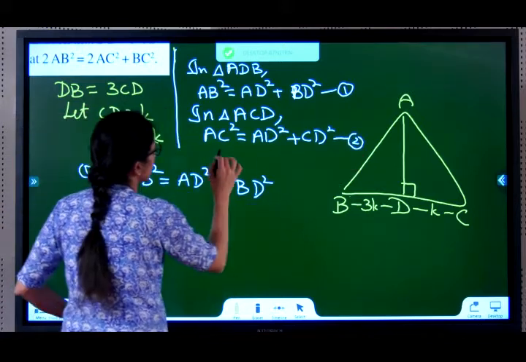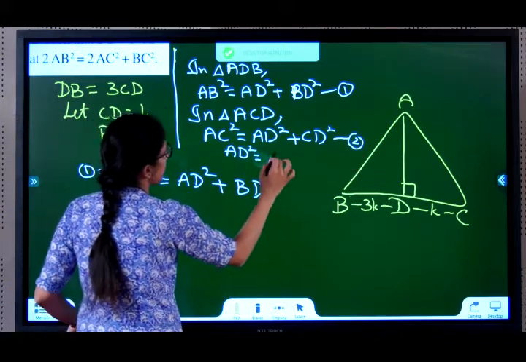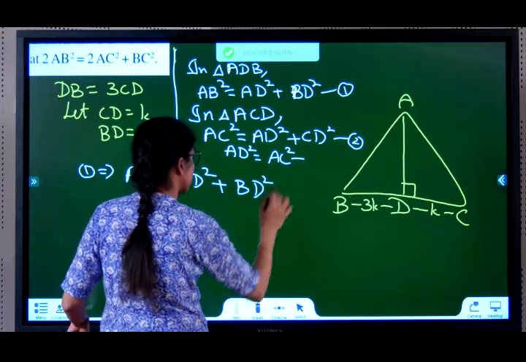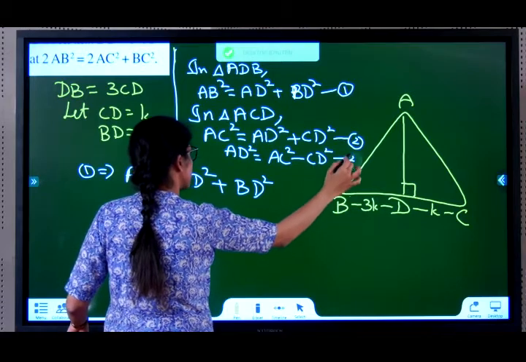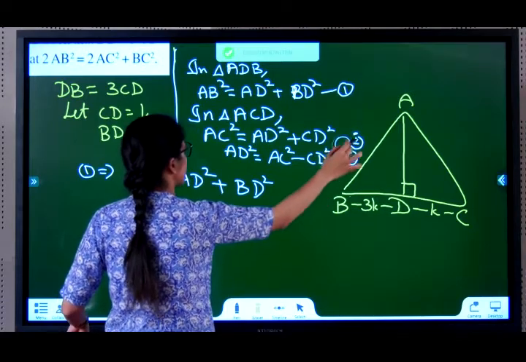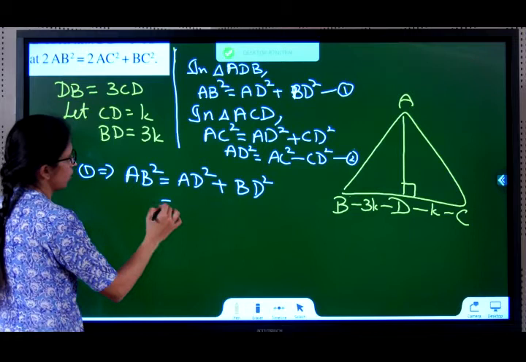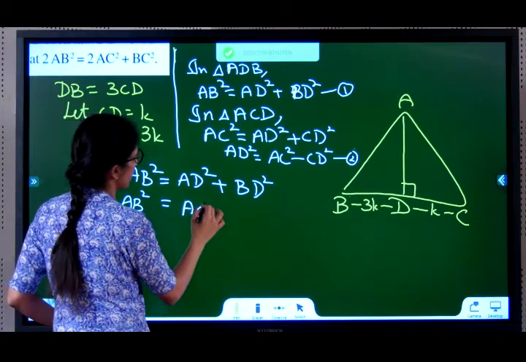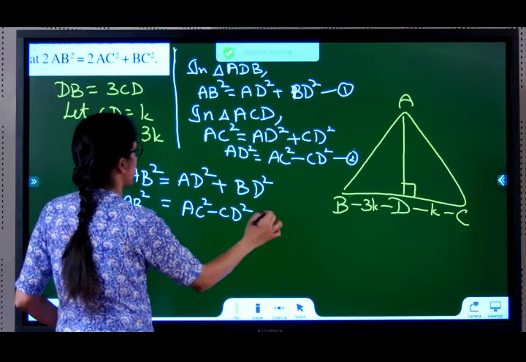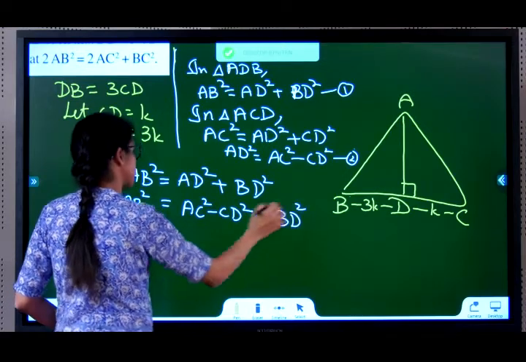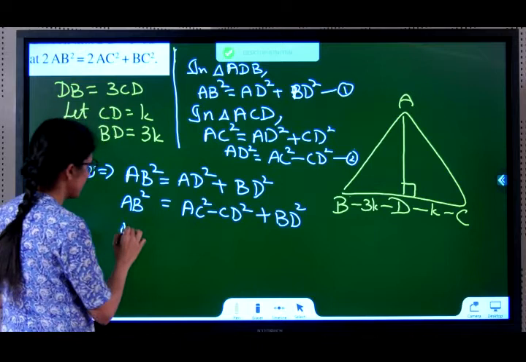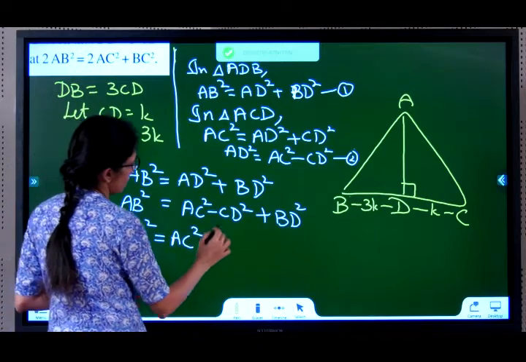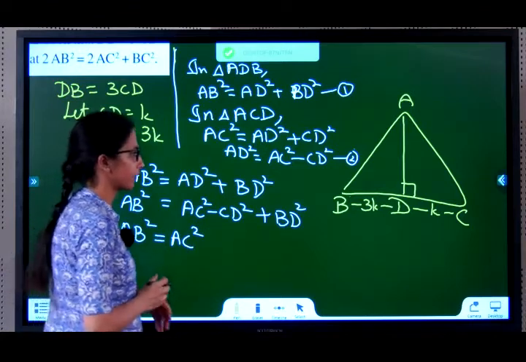From 2, can I write AD square as AC square minus CD square? Yes, I can. So AB square is equal to AC square minus CD square plus BD square.